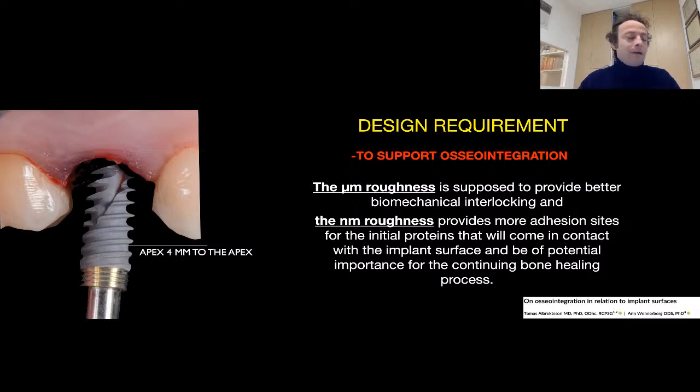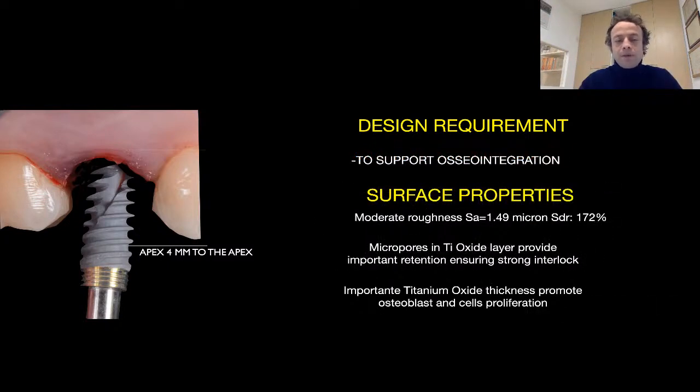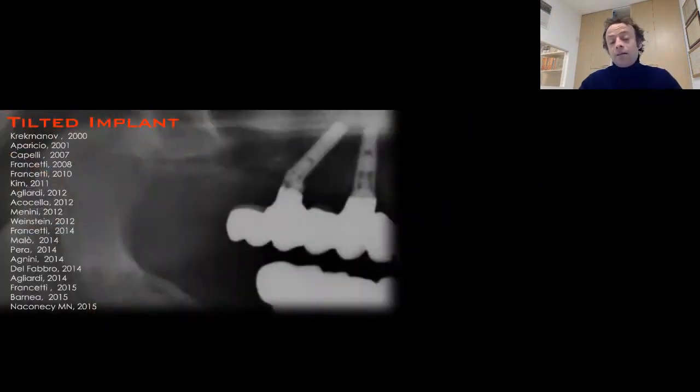Because remember that implants were normally always focused on bone. But now it's time to move also to the importance of the soft tissue. And so it means that if you want to achieve a good integration at each level, from the soft tissue to the bone, of course the bone requires different specific properties with respect to the soft tissue.